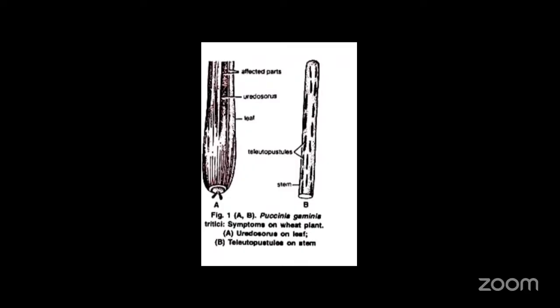Here, these are the uredia and uredosorus. Each uredium contains a mass of reddish brown, rusty red spores, which are binucleate, and we call them uredospores. These uredospores are produced by the dikaryotic or secondary mycelium in the parasitized tissue of the host. The spore stage of the parasite is called the red rust or summer stage.